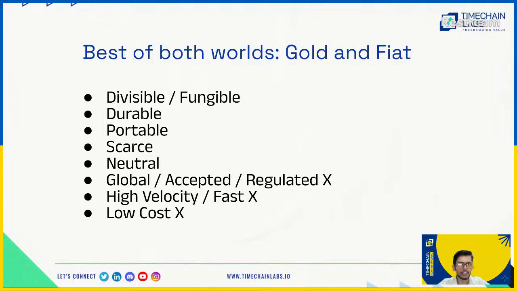It should be able to price the smallest bit of data as well. It should be durable, it should be lasting, because you can't have a currency that is, say, corn, which is not going to be available in the best state three months from now.